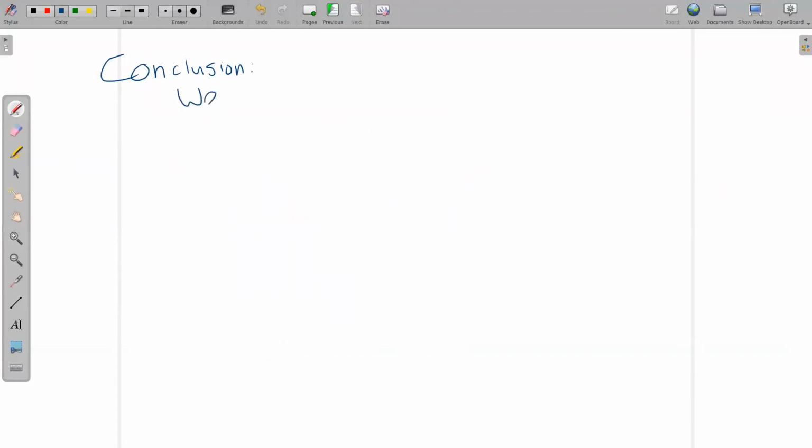Okay. So we have sufficient evidence. And I'm not going to state I'm rejecting the null and accepting the alternative. I'm just going to state what the alternative is, what I have evidence of.